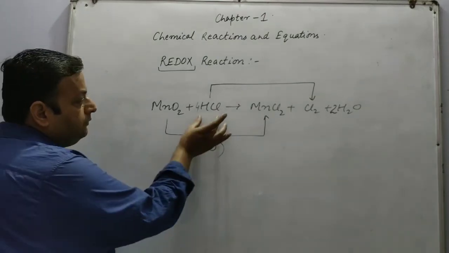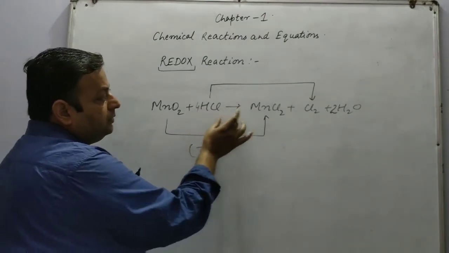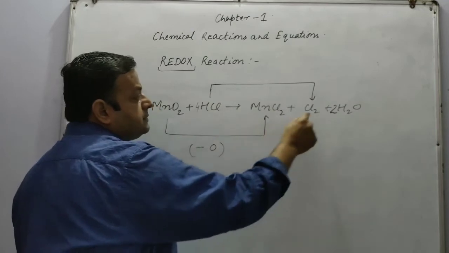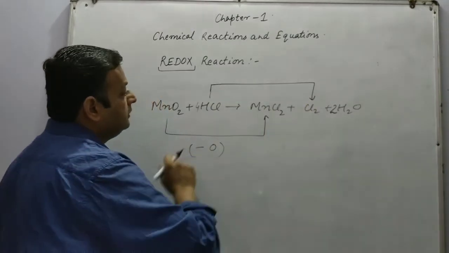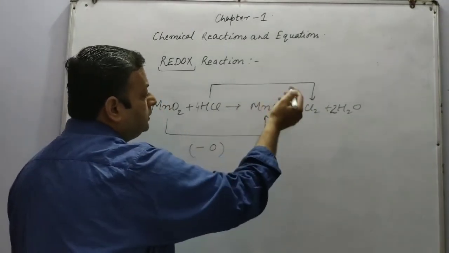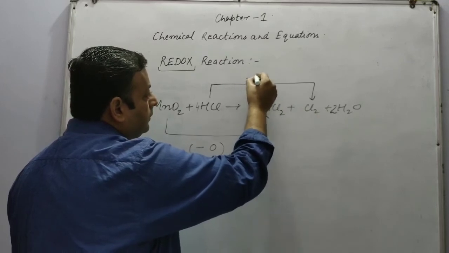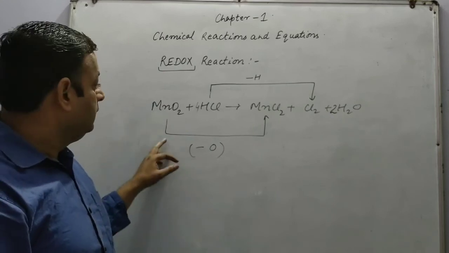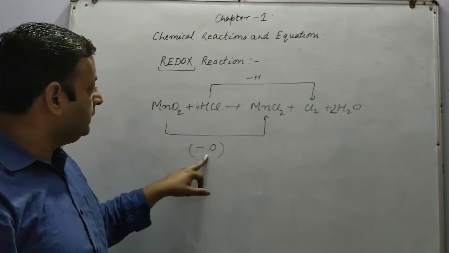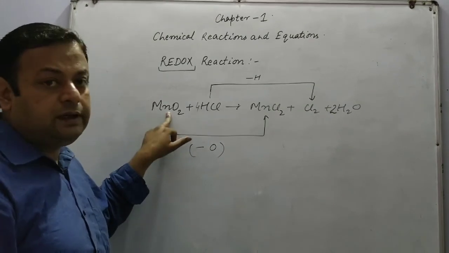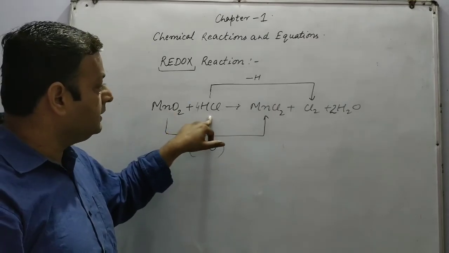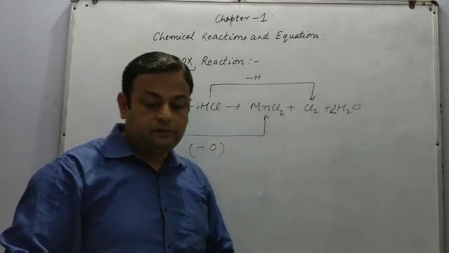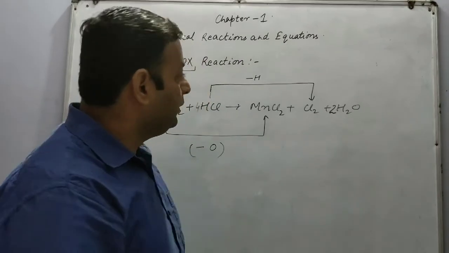On the LHS we have HCl, whereas the H part has been removed on the RHS. So removal of hydrogen is called oxidation, and removal of oxygen is called reduction. So MnO2 is getting reduced, whereas HCl is getting oxidized. That's all for today. Thank you very much.